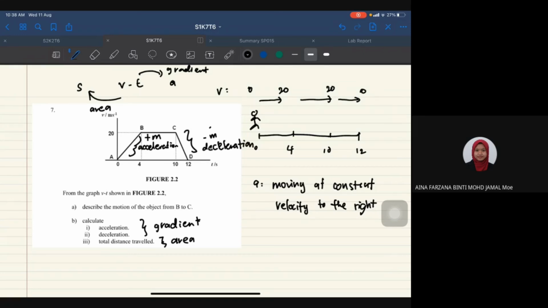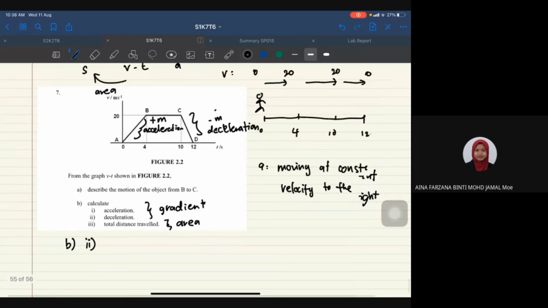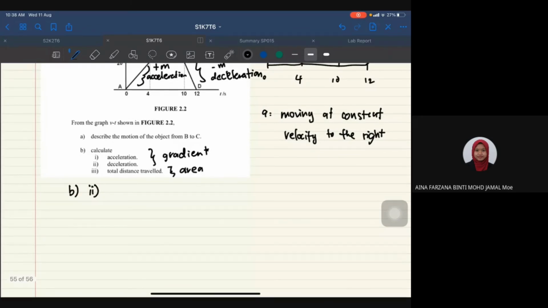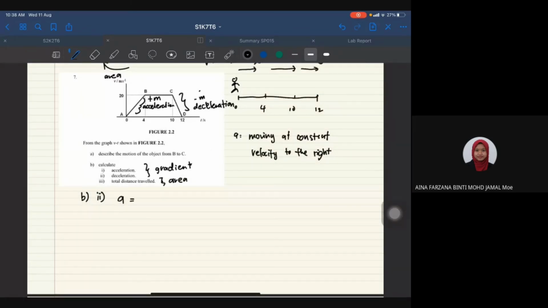Okay, cara nak kira senang je. Saya tunjuk satu contoh. Saya show you how to calculate B2, deceleration. So A is basically the gradient, which is Y2 minus Y1 over T2 minus T1, which is equal to... Y2 is over here, Y1 is over there.